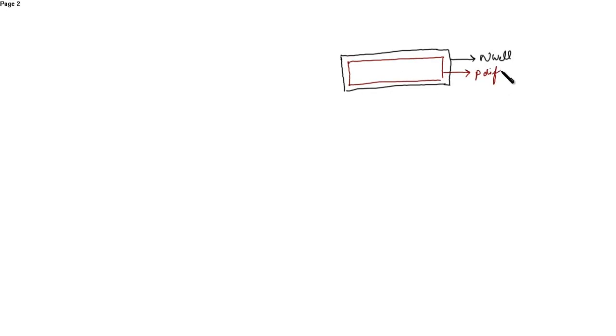For that you need the N well, then we need the P diffusion layer, so this is the P diffusion layer, and then we need an N diffusion layer. So this is the N diffusion layer.